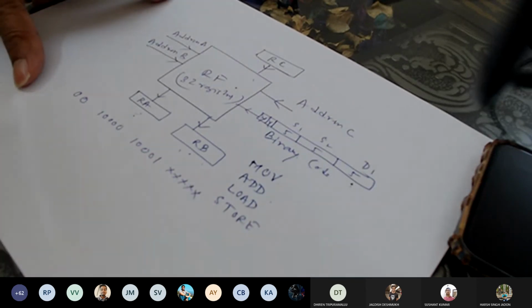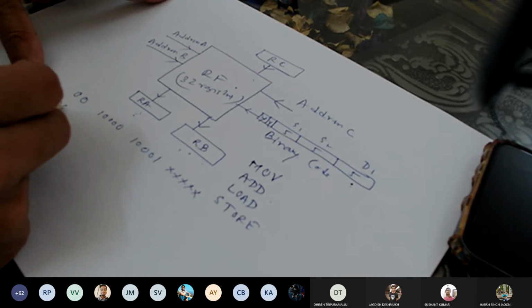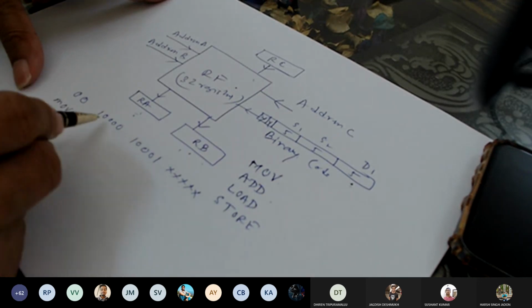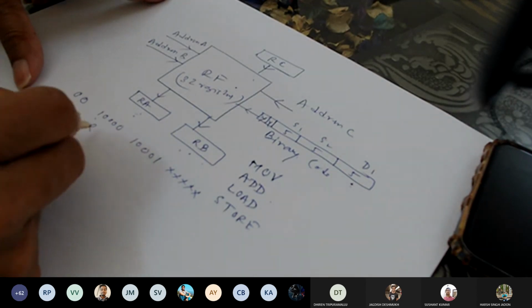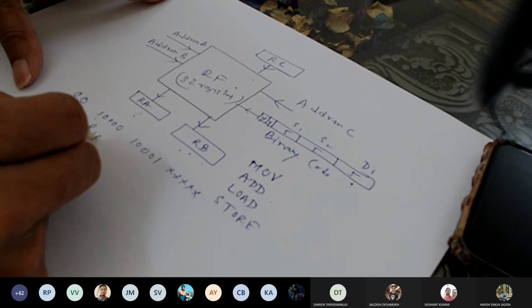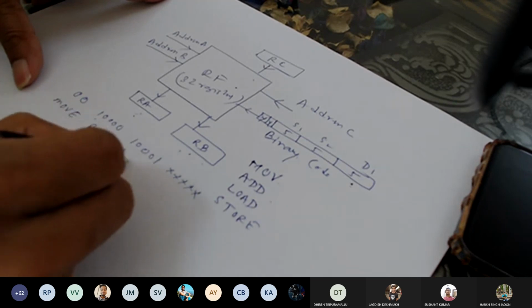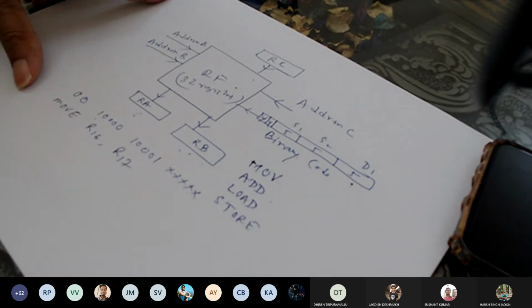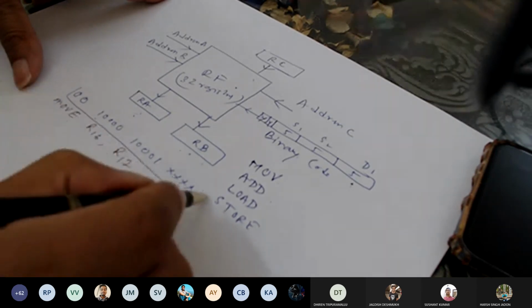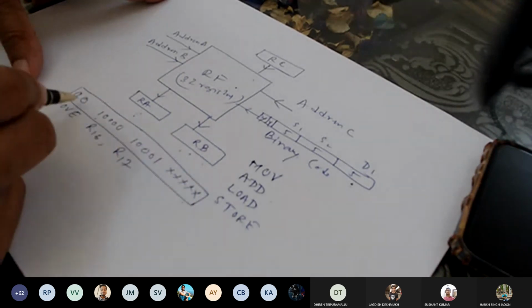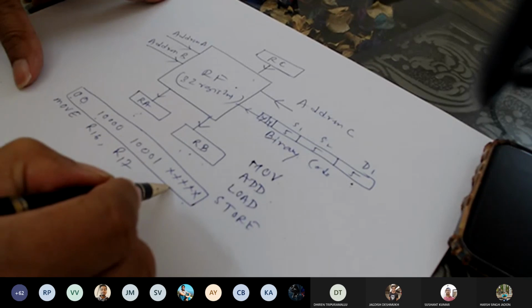If my command is like this, what will it do? It is basically a move. This is register R16, R17. When it is 0 0, these fields are don't care.